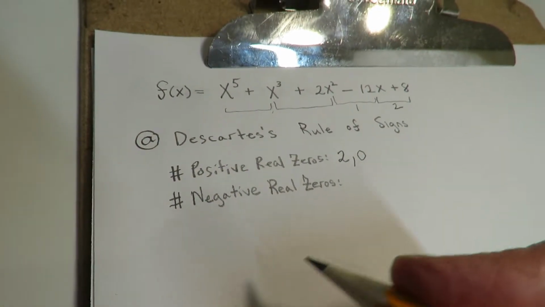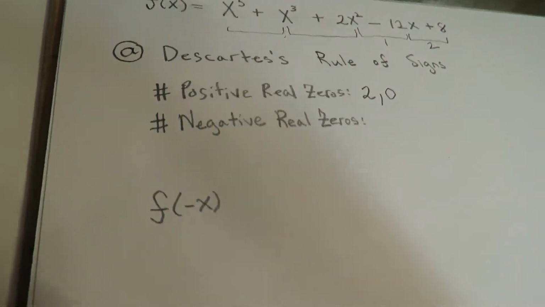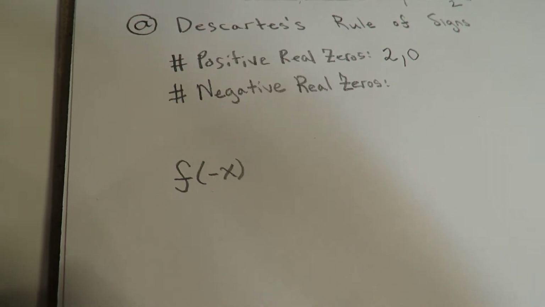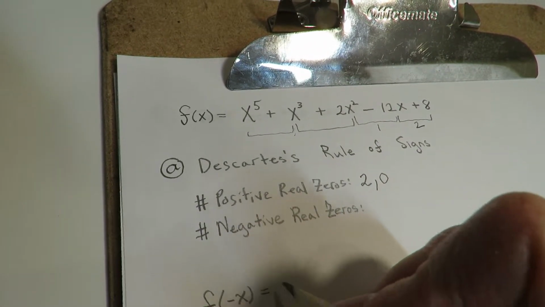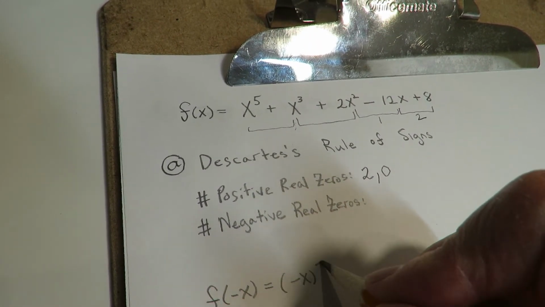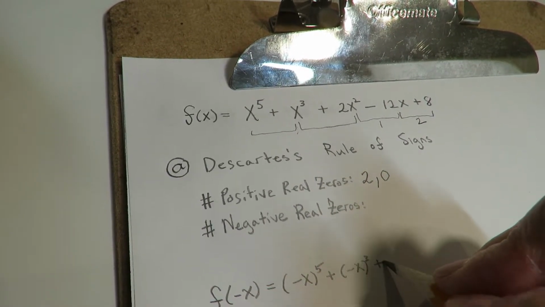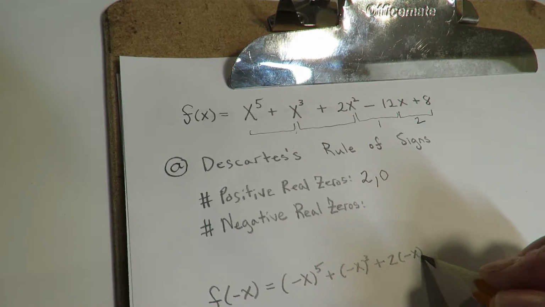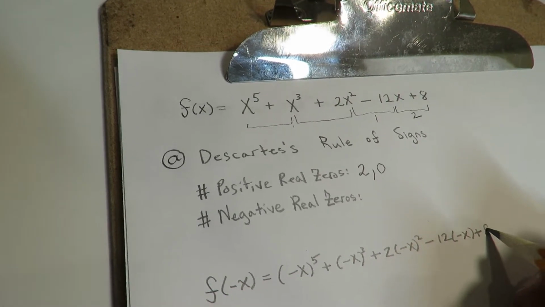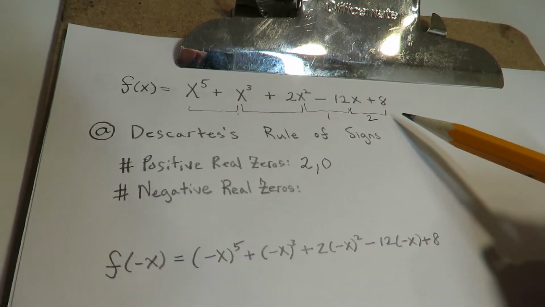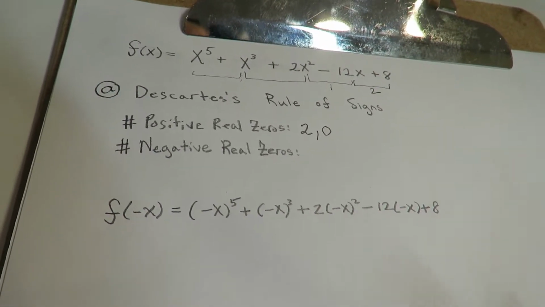The first thing you have to do is create f of negative x, which means that everywhere you see an x, you have to replace it with negative x. So I took our original polynomial, and everywhere you see an x, I replaced it with negative x. Now you're going to simplify that.